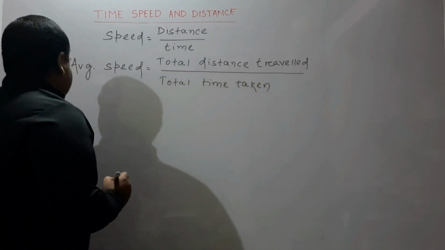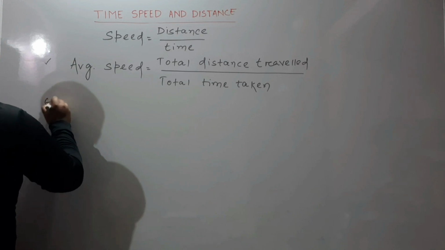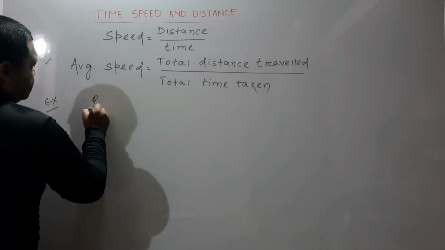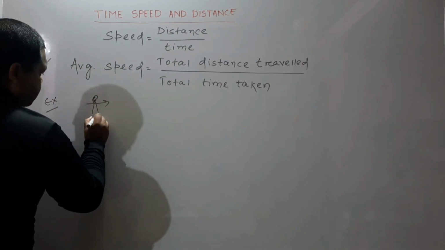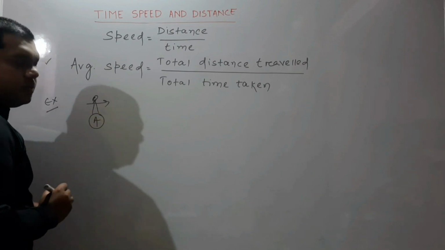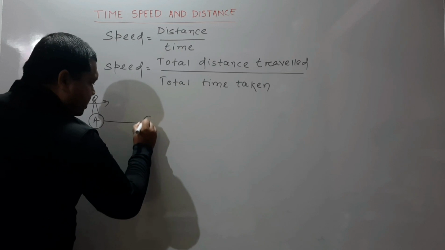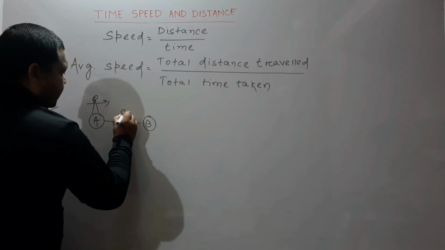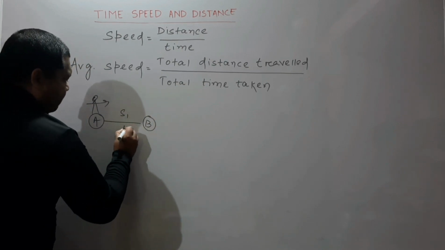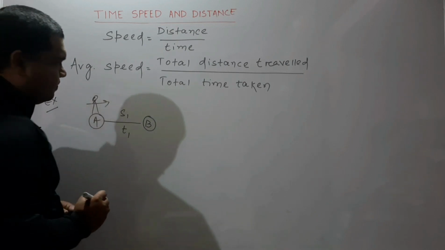Example, suppose you are at position A. Initially, you are at position A. From position A to position B, let your speed be S1 and time taken T1.